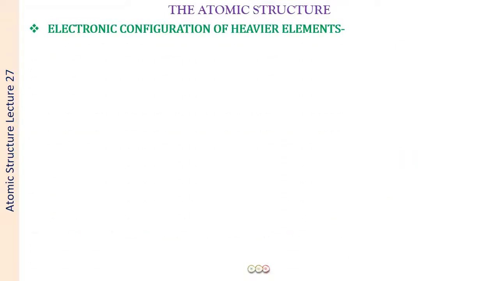Next we have the electronic configuration of the heavier elements, where you have to remember about the 4f and the 5d. Okay, so the lanthanides, starting first of all with lanthanum. The electronic configuration of lanthanum is going to be xenon, which has atomic number 54, and after that 3 electrons are left.